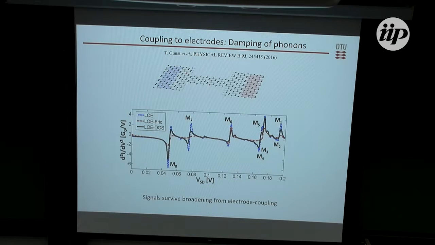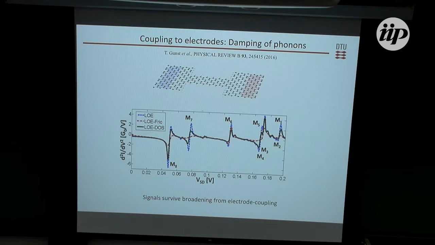Of course, in these systems you have phonons in here, which we treat as isolated, but of course they're coupling to the reservoirs out here in the graphene leads, and that will broaden them. And then one relevant question is, could you really see these vibrations in spectroscopy because they are really broadened by coupling to these leads here.